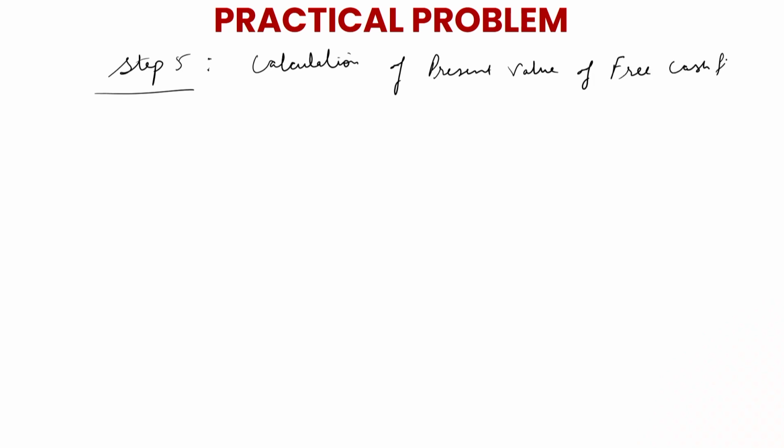Moving to next, step number 5, where we are supposed to calculate the present value of free cash flow, which we just computed in step number 3. Now I'm taking year, then free cash flow as we calculated, then the PV factor. As you can see, the cost of capital is 13.1%, so we assumed here the PV factor 13%.